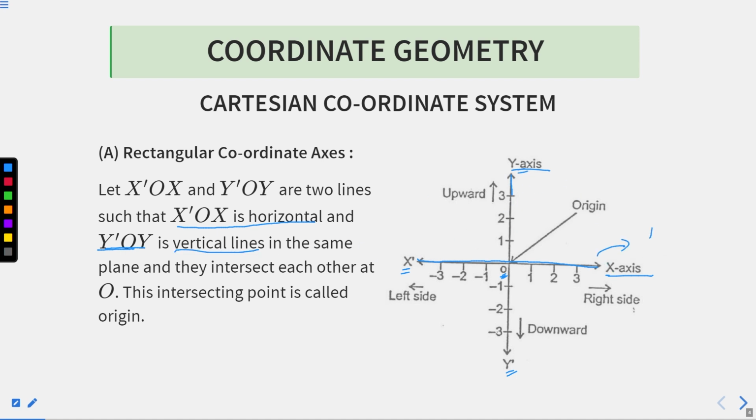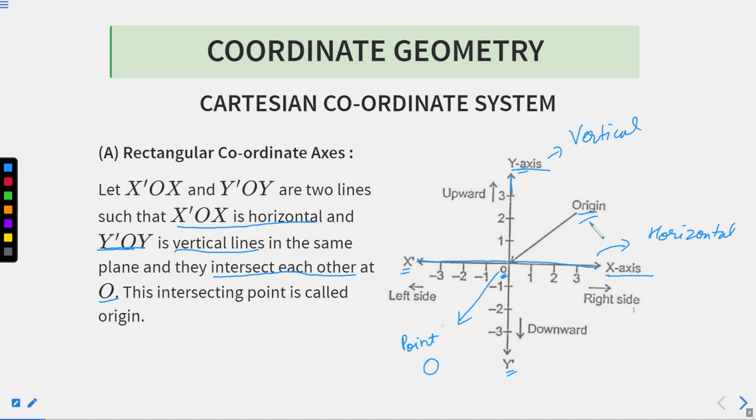Okay, horizontal, vertical, clear? And these two lines intersect each other at point O. So here is the point O. Okay, clear?